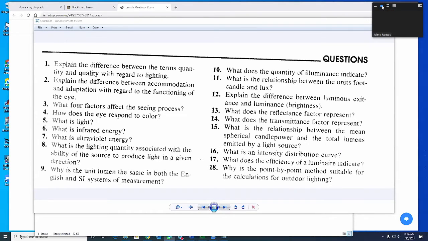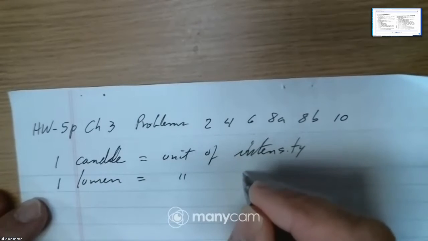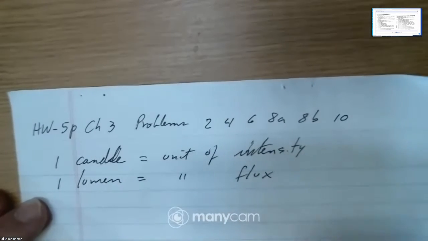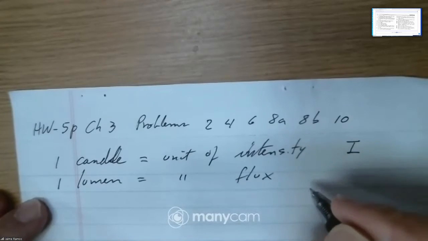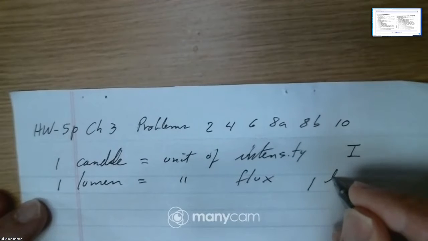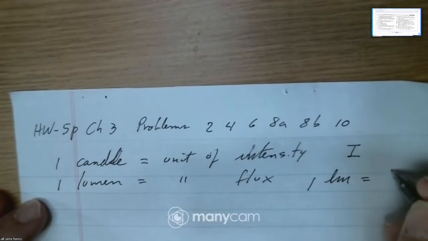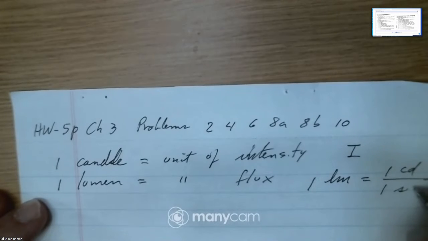Then 1 lumen is the unit of flux. So let's call this I. So then 1 lumen is equal to 1 candle times 1 steradian.